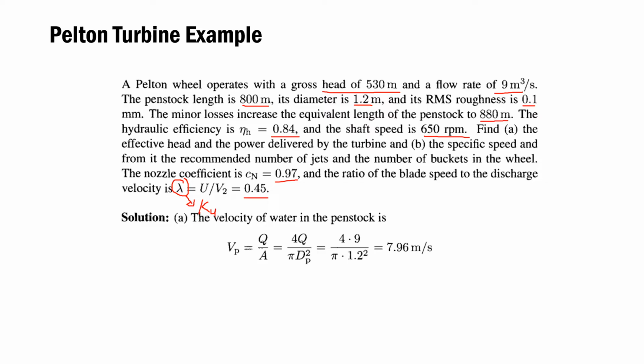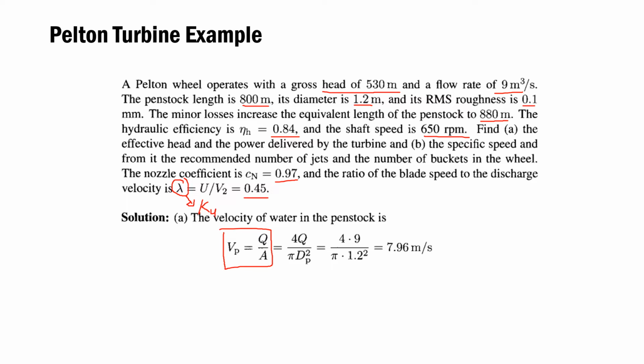By having the flow rate and the area of the penstock, we can get the velocity of water using this correlation. So the velocity of water inside the penstock is equal to Q over A, which is the flow rate over the area of the penstock.